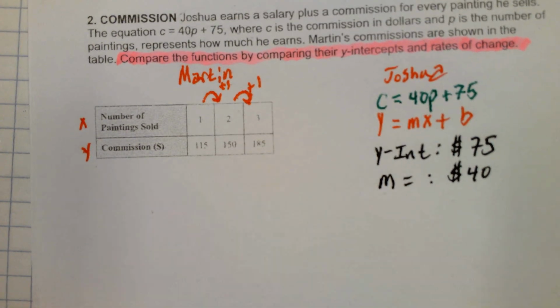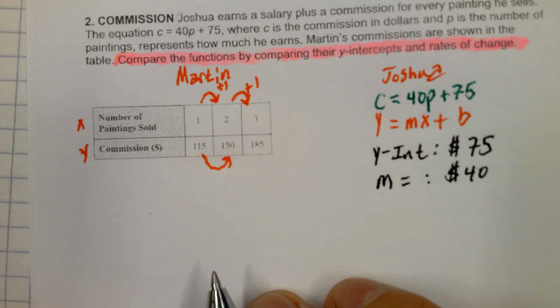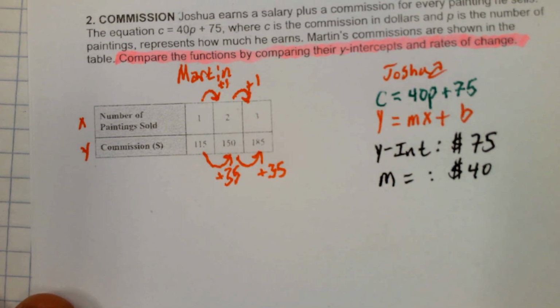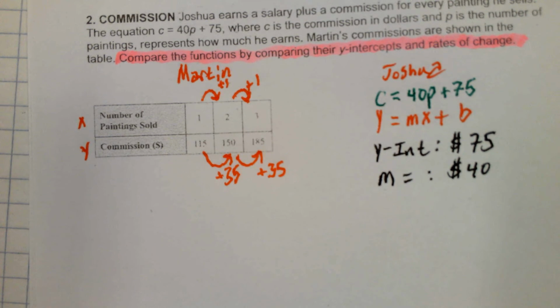Then over here we went from $115 up to $150. How much is that? 35. And if you notice, 150 to 185 is also 35. So it looks like his rate is going to be $35 for every painting.